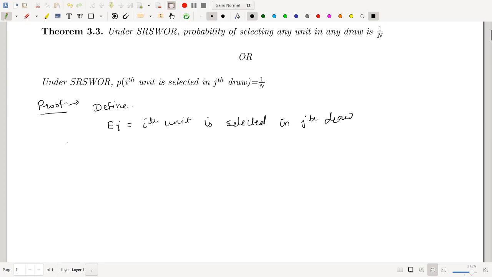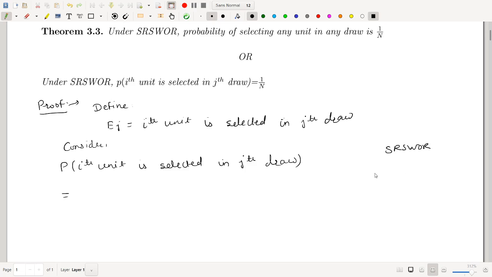Now consider the probability that ith unit is selected in jth draw. The method is SRSWOR. This means ith unit is not selected up to j minus 1th draw, and then ith unit gets selected in jth draw.